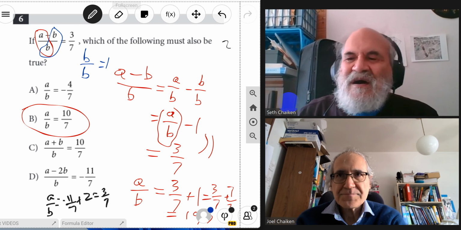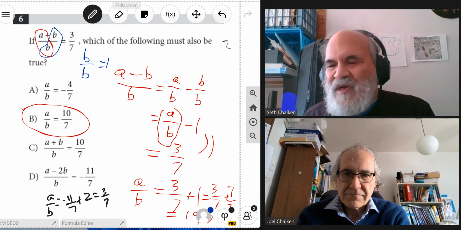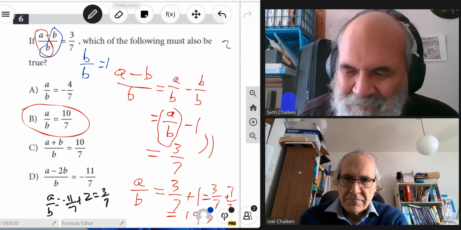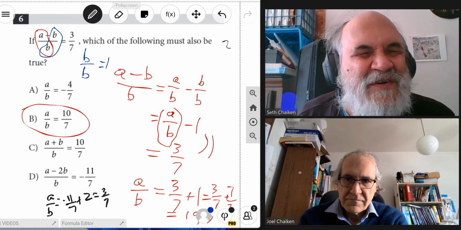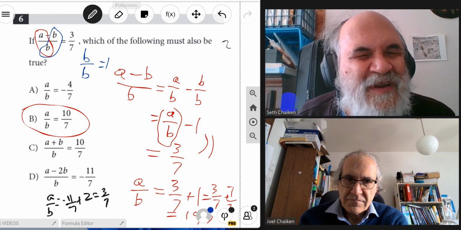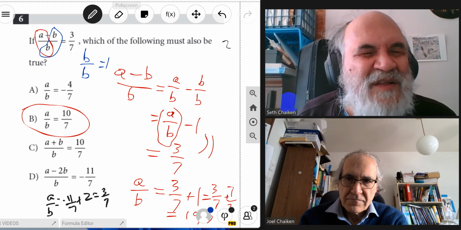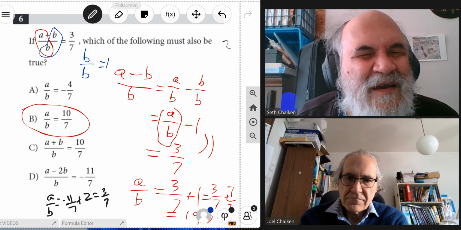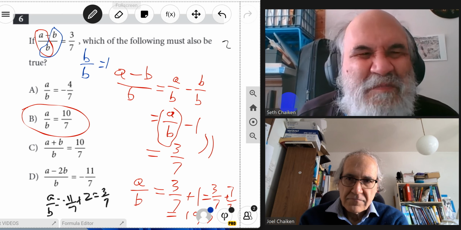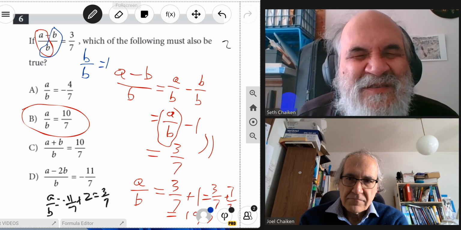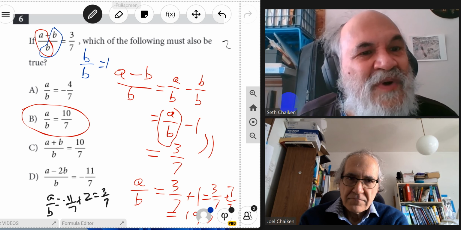I think some people would choose a more complicated way, which should lead to the same result, but it takes more calculation and more room for error. The more conventional but tedious way is to cross multiply, simplify, express A in terms of B, and then see which one of these is true.